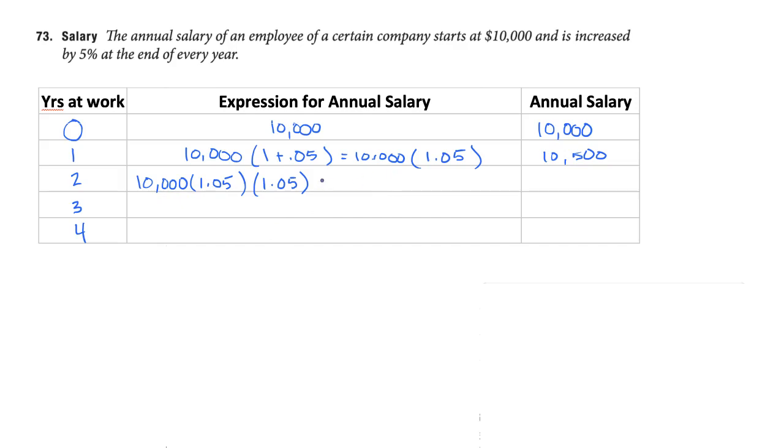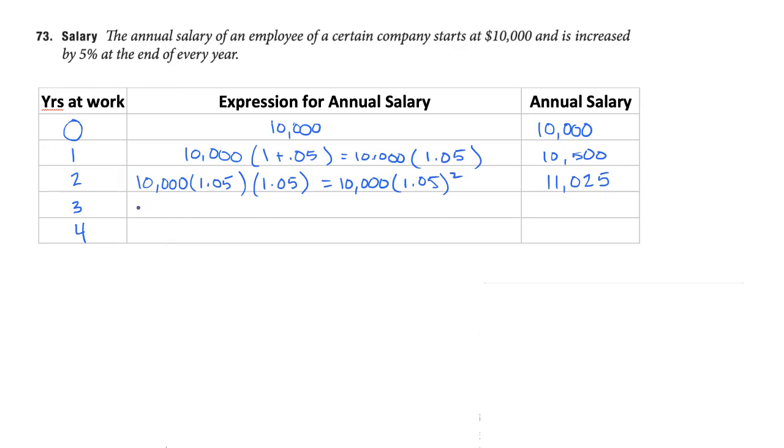So do you see what's happening here? Think about that for just a second. We've got 10,000 times 1.05 squared. All right, so then we get 11,025, and I'm less interested in this answer over here than what the expression is, but I just wanted you to see what the annual salary would then be.